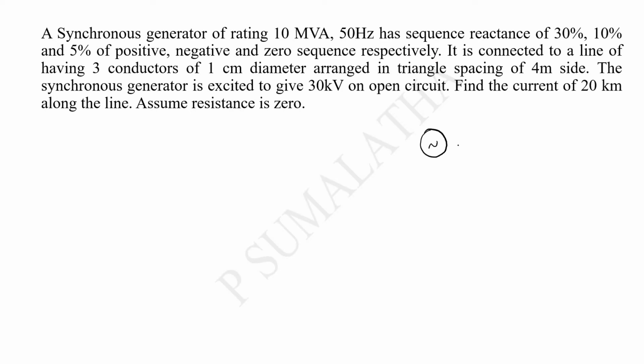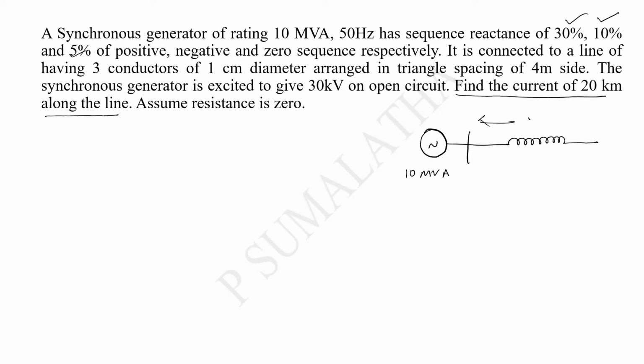So we have one generator which is connected to a transmission line. The generator ratings are given as 10 MVA and it is operating at 50 Hz. The generator has a positive sequence reactance of 30%, a negative sequence reactance of 10% and a zero sequence reactance of 5% respectively. Here we have to find the fault current at 20 km along the transmission line.